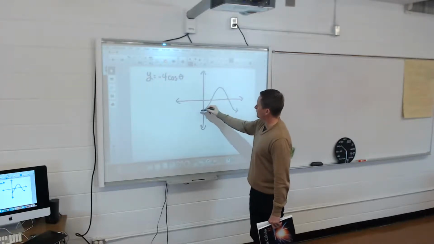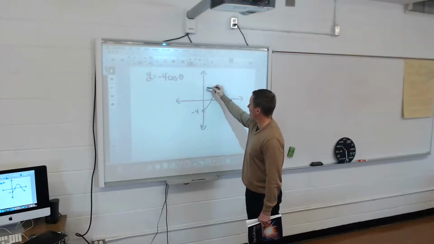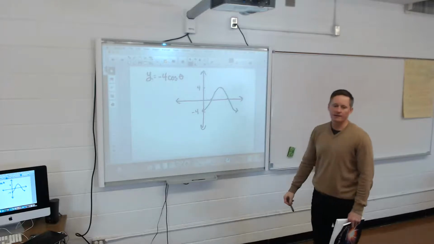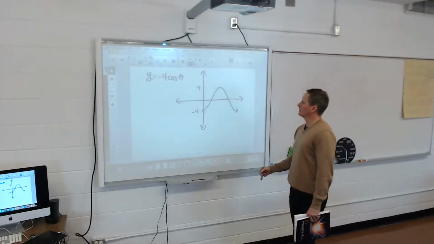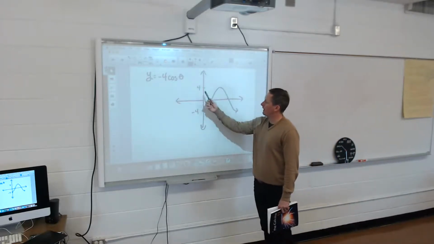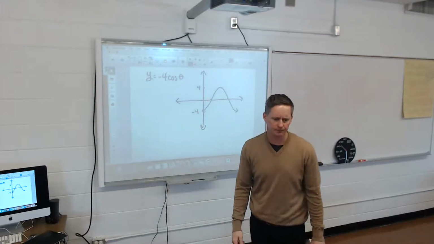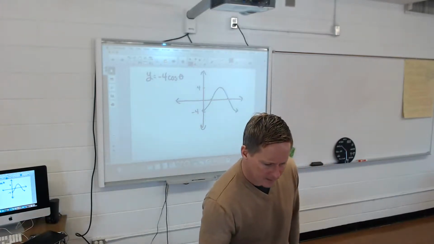And then the change is also, this is -4 and this is +4. So it's a reflection over the x-axis, and my amplitude changes from 4 to -4.